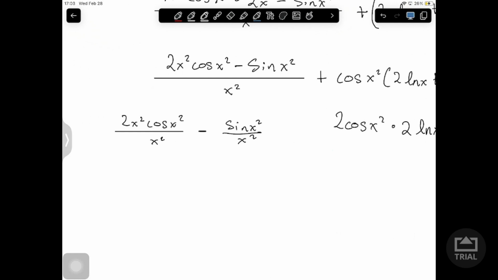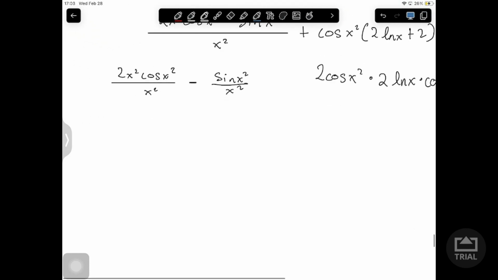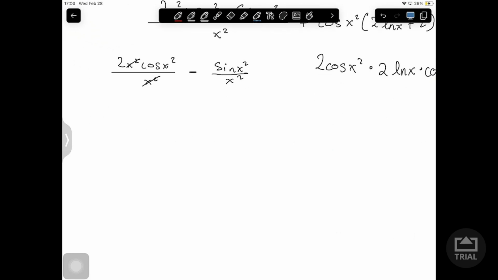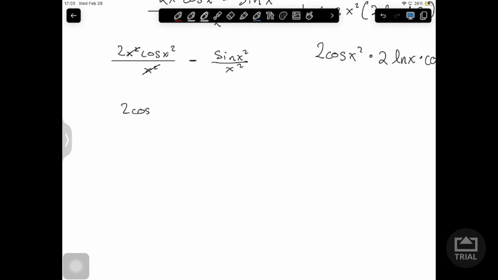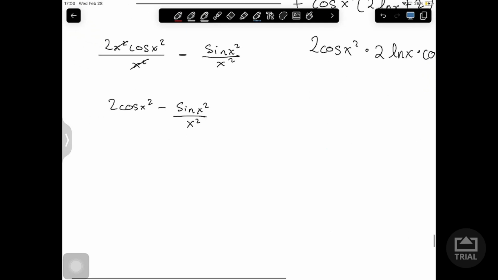So yeah, just give me a second to make sure I'm doing it correctly, which I am. Apparently there is a mistake on the answer key, but I will solve it right here. So this x squared and x squared can cancel. That gives us 2 cosine x squared minus sine x squared over x squared, and the answer key just says x, which is incorrect.